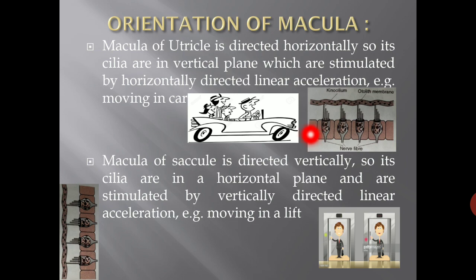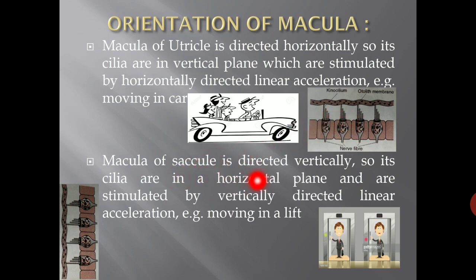The tissue is horizontal, but the cilia are vertical, both kinocilium and stereocilia. When there is linear acceleration, for example moving in a car, the hair cells move accordingly.